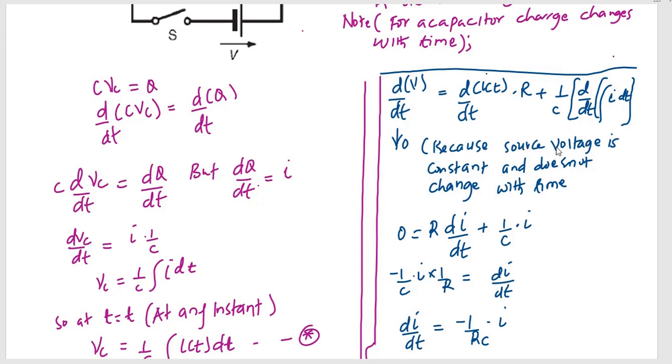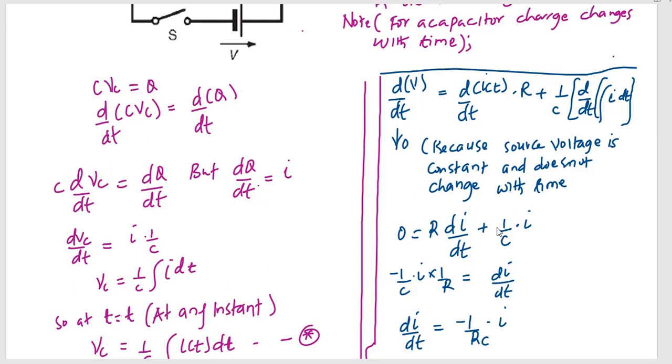We shall find out that because this voltage source of a DC is constant, therefore dV/dt is equal to 0, because that V is not changing with time. Therefore 0 will equal R di/dt plus 1/C times the current, because when we differentiate an integral we get the derivative of that particular function that we are differentiating.